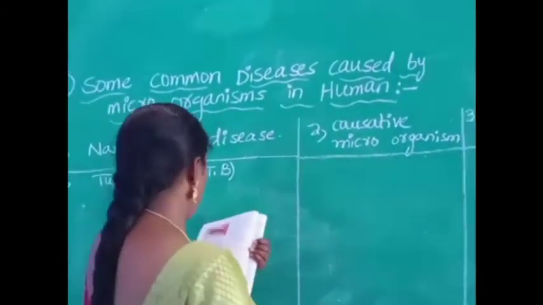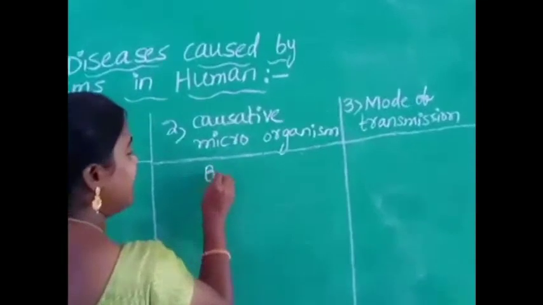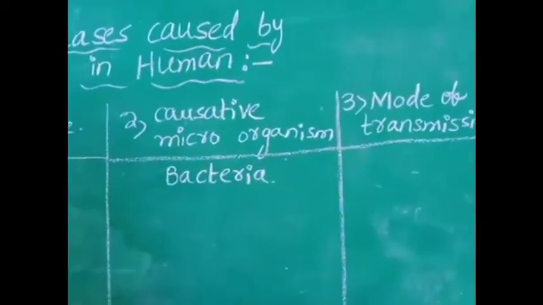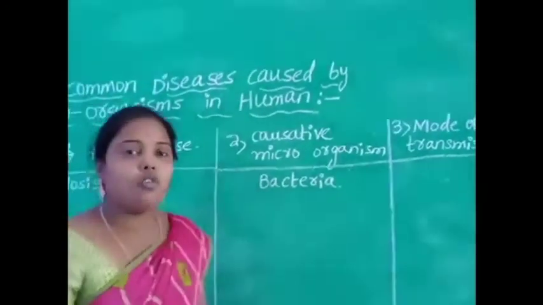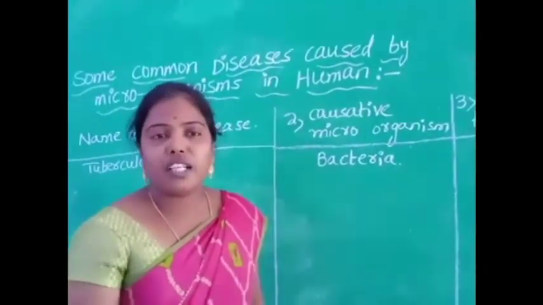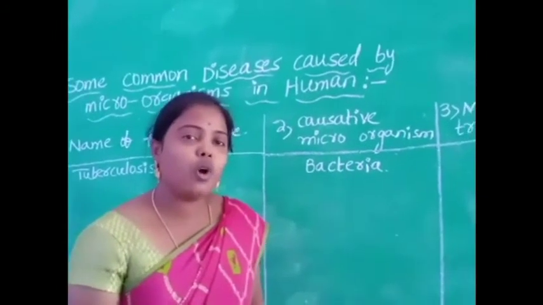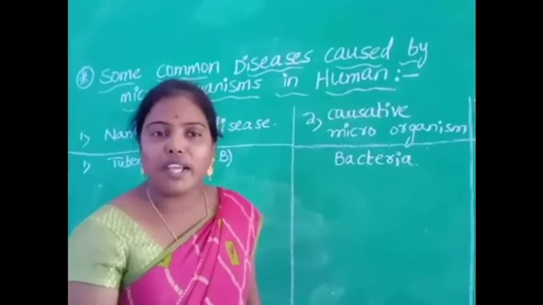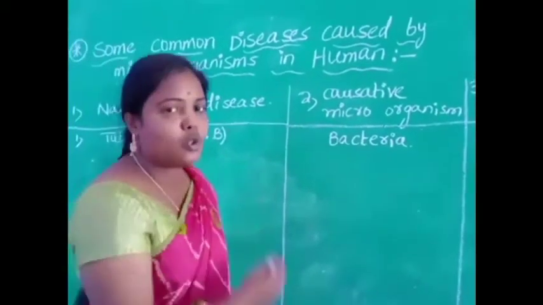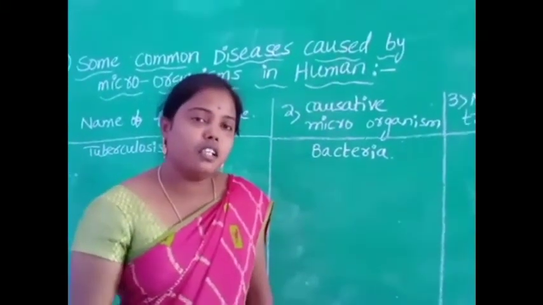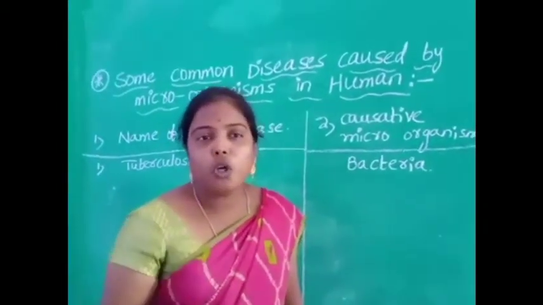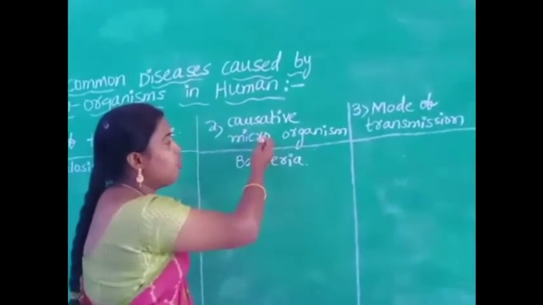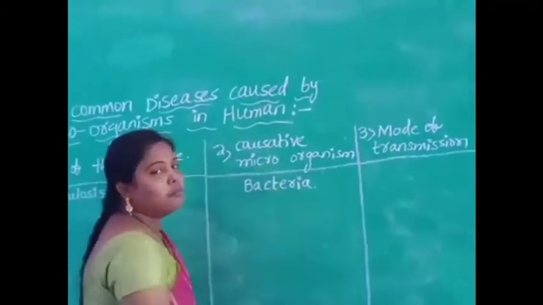The disease is caused by bacteria. Children, we know that microorganisms are of types: bacteria, virus, protozoa, fungi, algae, and the remaining category is viruses. This tuberculosis is a disease which shows symptoms like cough, cold, dry cough, and it is mainly caused by bacteria.